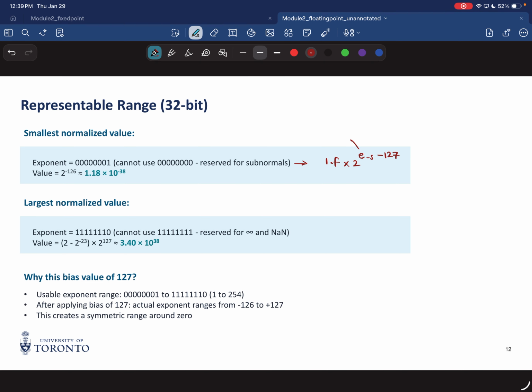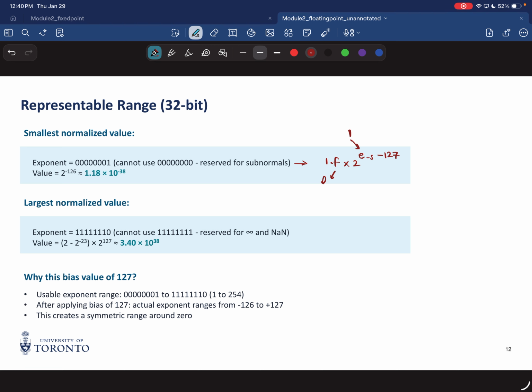So considering that this can't be 0 for normal numbers, if it's 1 and f is 0, that would give you the smallest one. This is the smallest positive number.